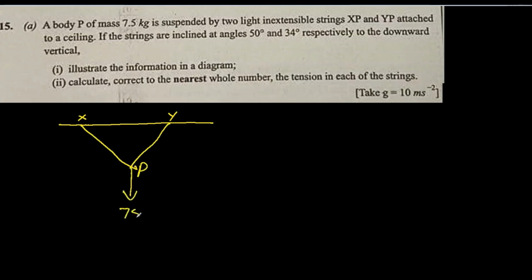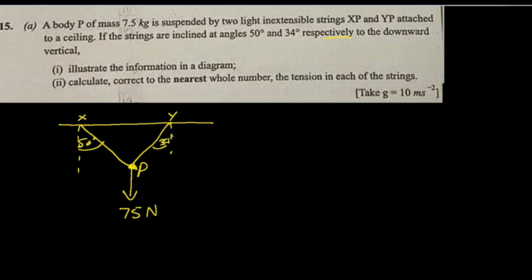That means the force downwards, which is the weight of the body, is 75 newtons. If the strings are inclined at 50 degrees and 34 degrees respectively, that means X is making 50 degrees and 34 degrees is for Y, to the downward vertical. So this one is 50 and this one is 34.